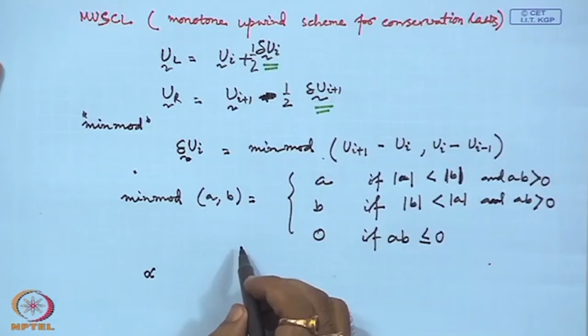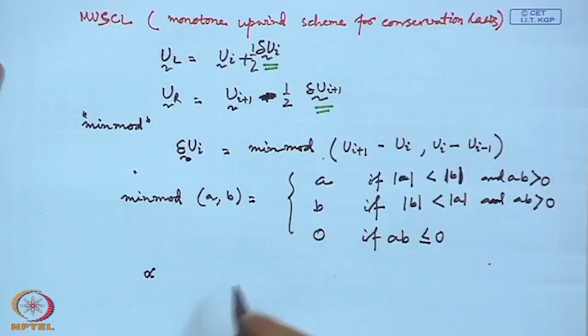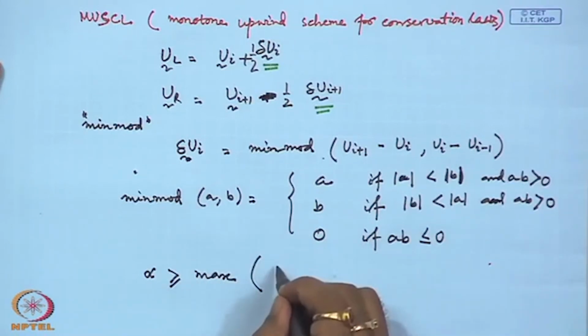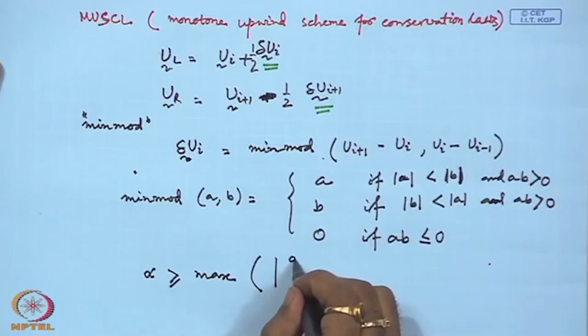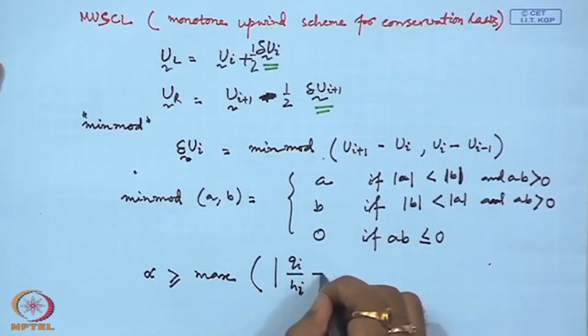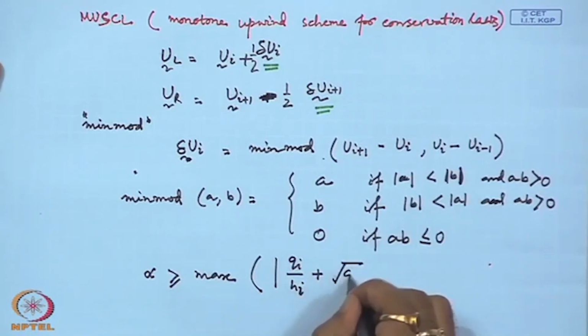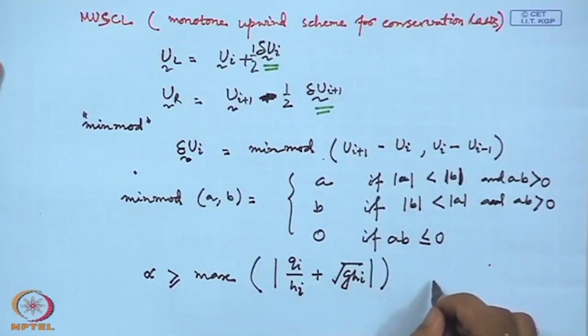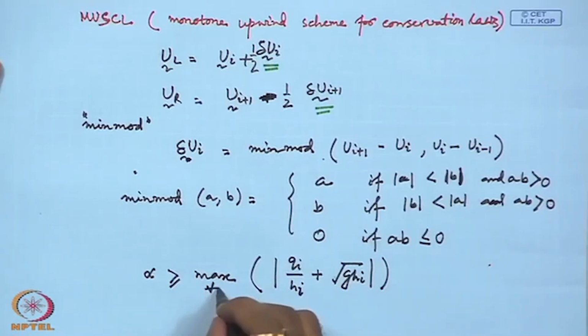This positive coefficient alpha in our previous expression is determined as alpha should be greater than maximum of modulus of this Qi divided by Hi plus root over g Hi, and this is for all i.